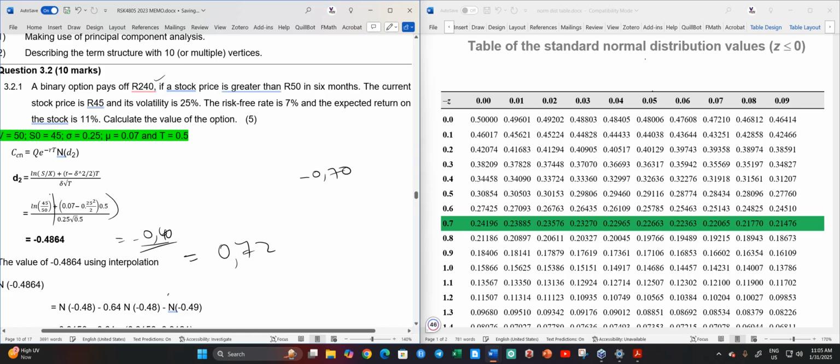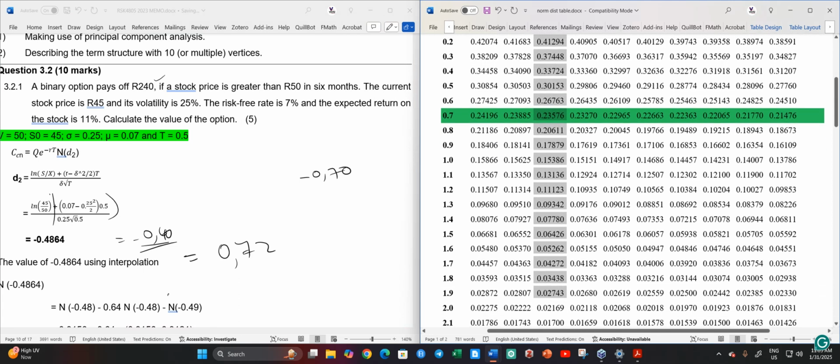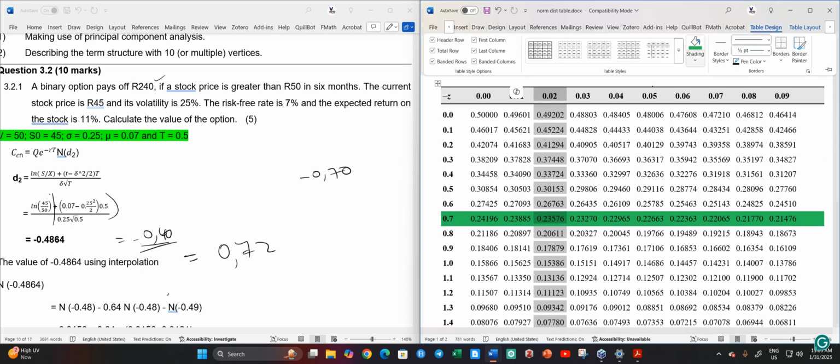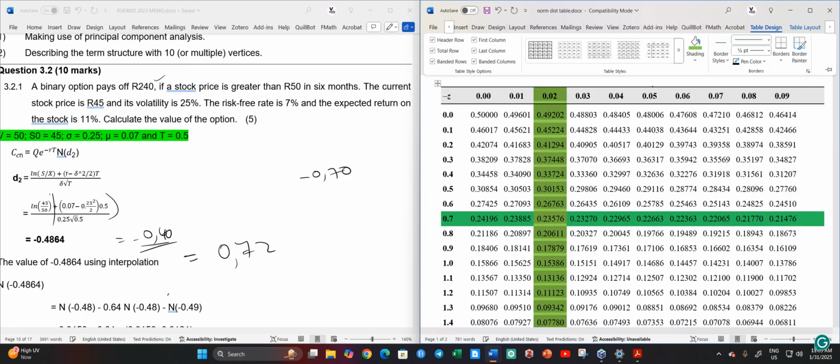Now I need plus 0.02. I come to 0.02. Then this one, I highlight it, and let me put a color that is similar to this. Okay.